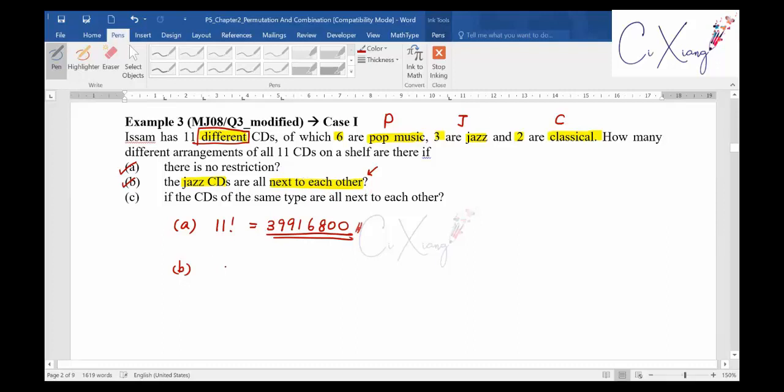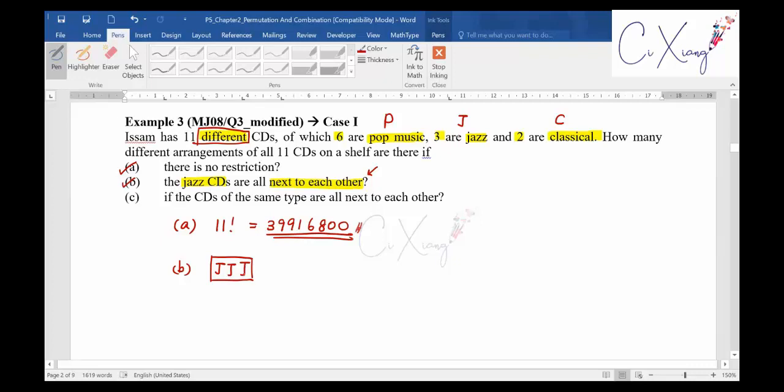Please have a look here. Generally, when you see something that needs to be next to each other, like the jazz CDs here, I will usually draw the 3 jazz CDs and put them in a box. That means I assume these 3 jazz CDs are actually one object only.